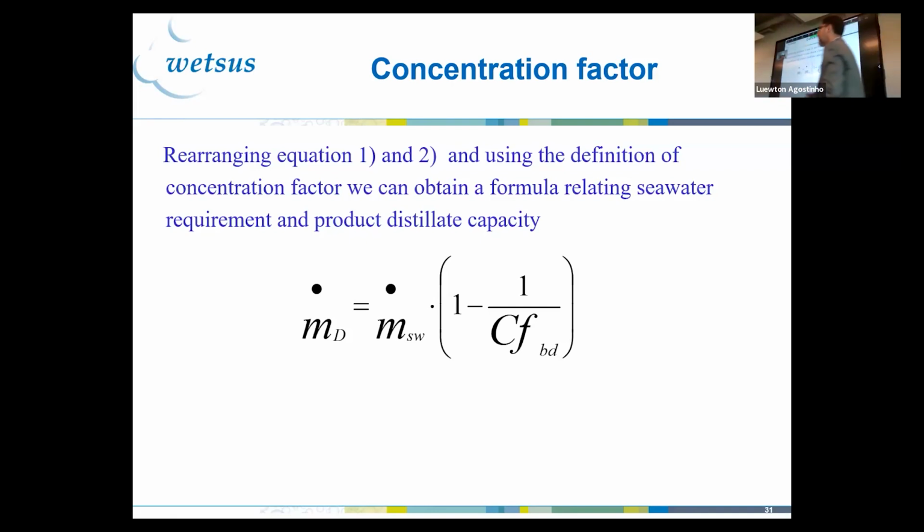If somebody would tell you, hey, I want a plant to supply water to the city of Leeuwarden, how many citizens do we have in the city? 100,000. Exactly.